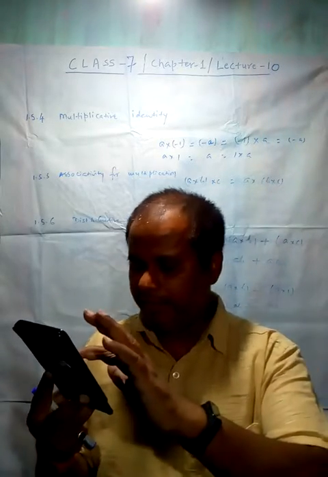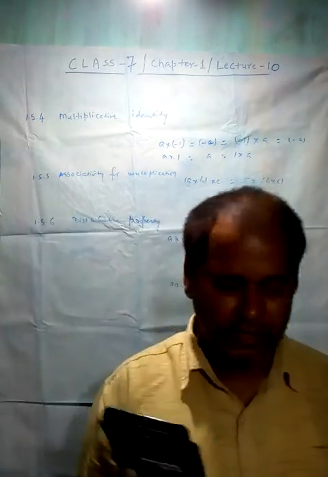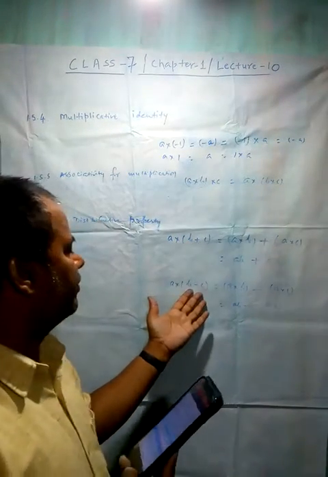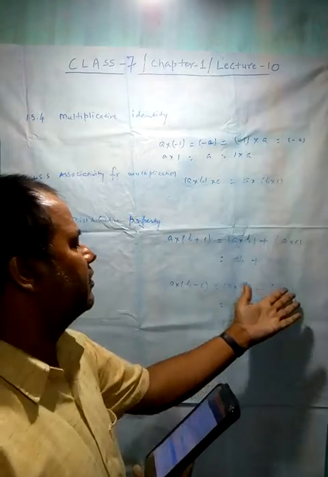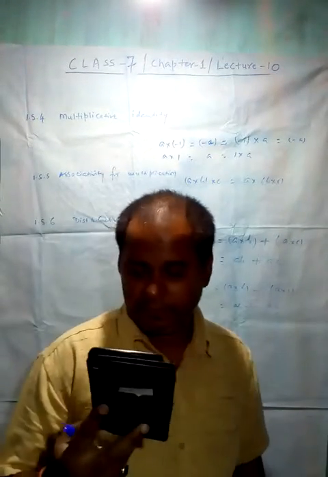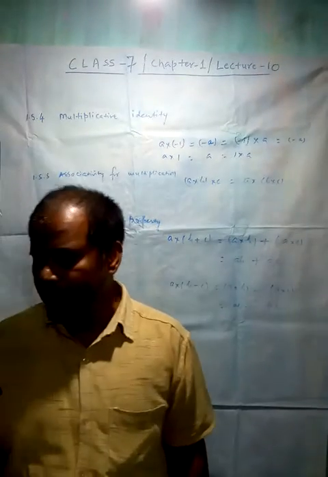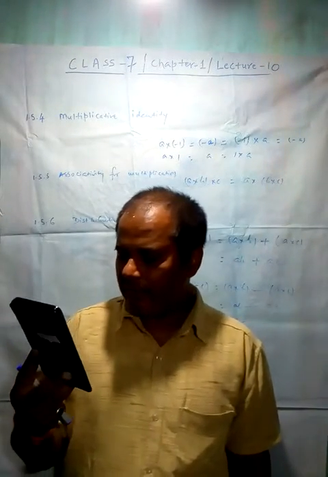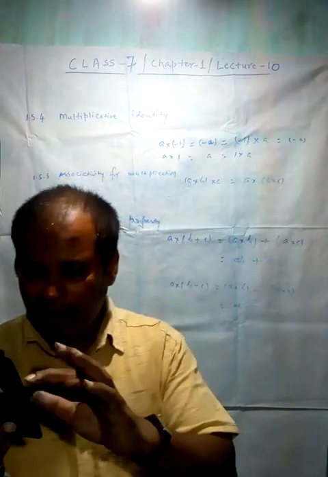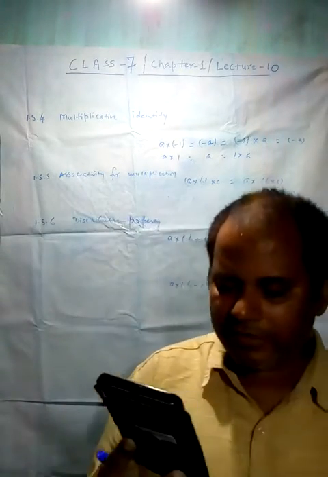In general, for any three integers a, b and c, a into the bracket b minus c is equal to a into b minus a into c, that is ab minus ac. Take at least 5 different values for each of a, b and c and verify this property. Try this. There are two questions, you have to solve them.